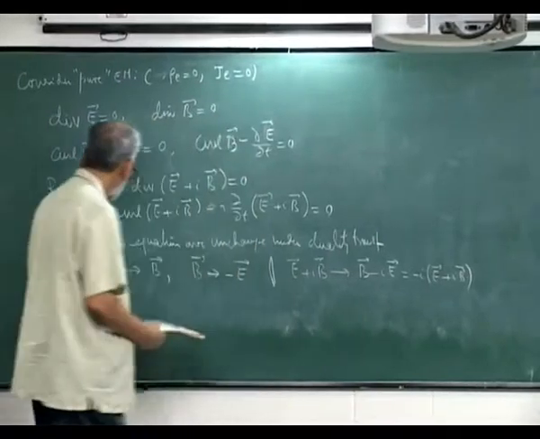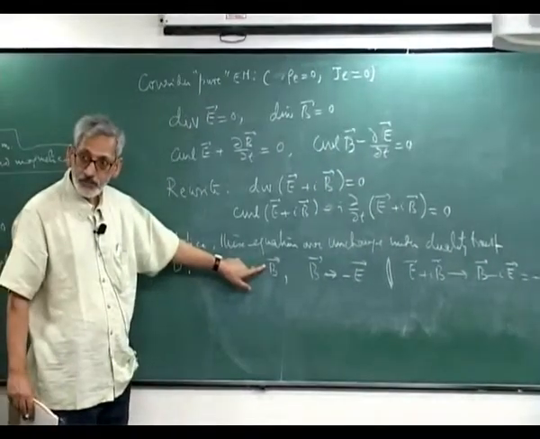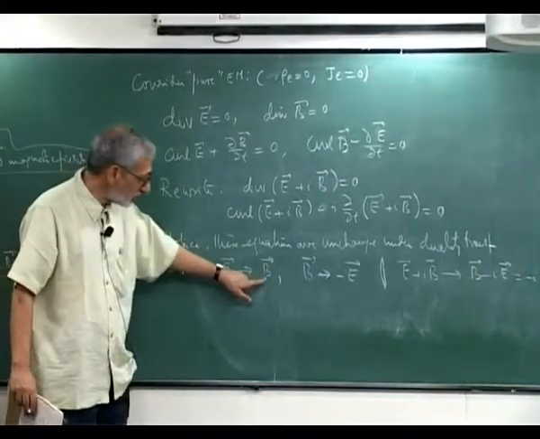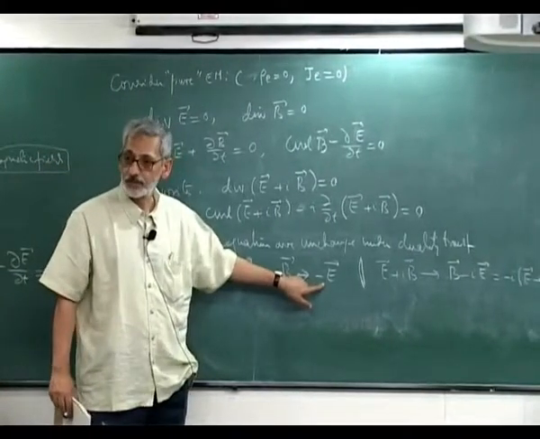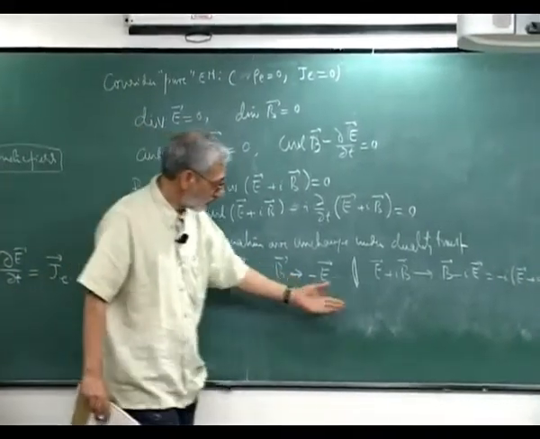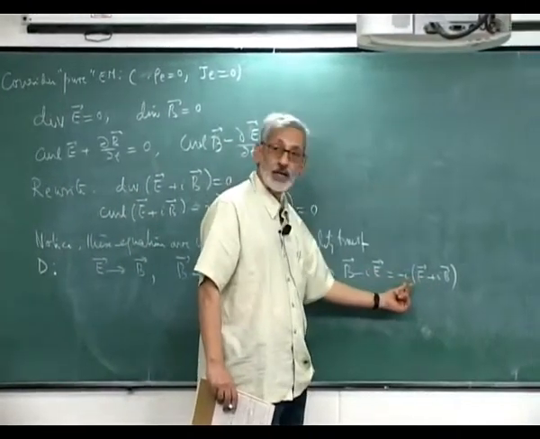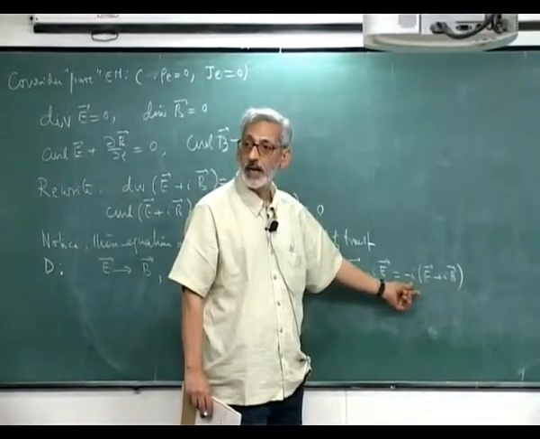So this transformation interchanges electric and magnetic fields. Changes E to B, but B to minus E. Or put in this complex form, it changes it by a phase minus I.